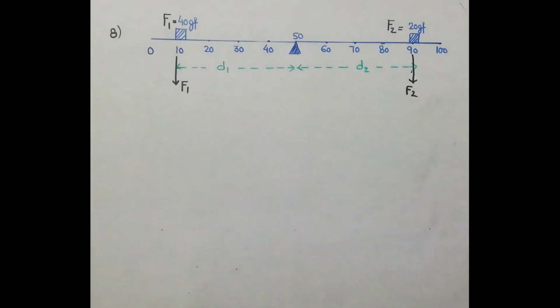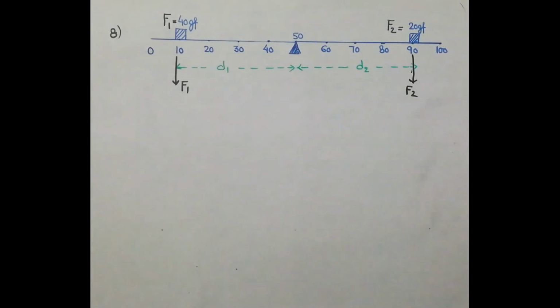So the third force you will be placing on the right side. You see, F2 placed on the right side is producing clockwise moment, and the clockwise moment is lesser, so that means the third force has to be placed on the right side, but we don't know at which place.